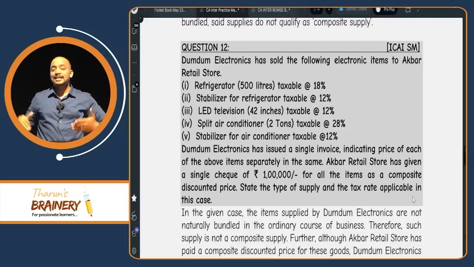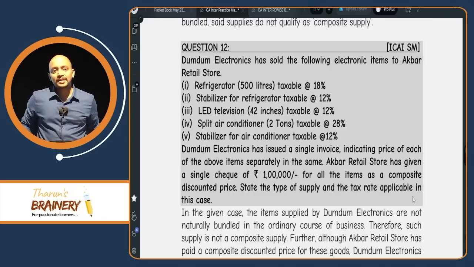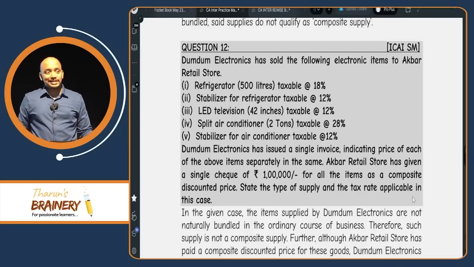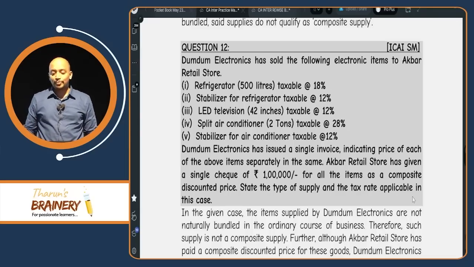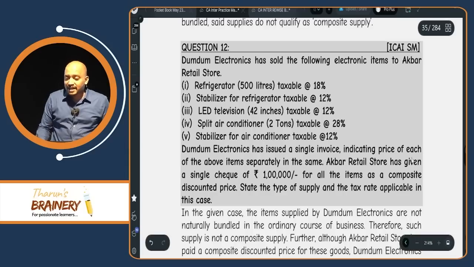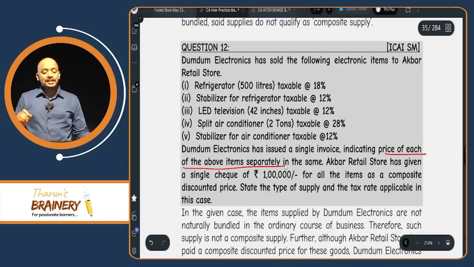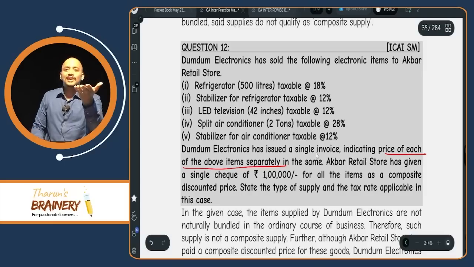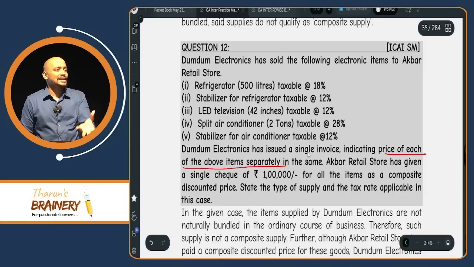First point. Next, is it a mixed supply? No. Why not? Because they have given the price of each of the above items separately. A single invoice is not the test; invoice is not required here.